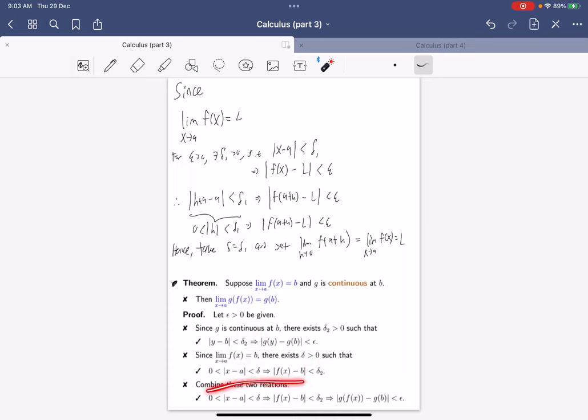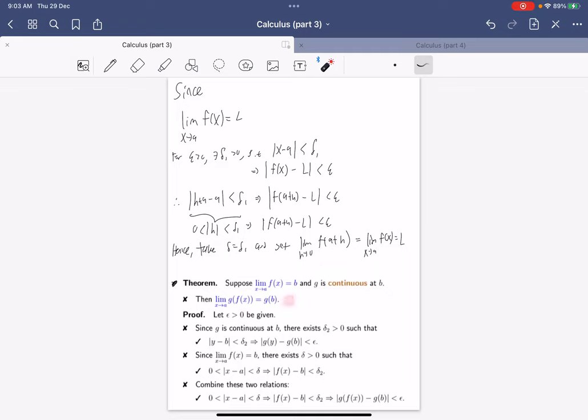And now when we combine the relations, we take this delta, |f(x) minus b| is less than delta over 2. We replace the y here by f(x), and we get |g(f(x)) minus g(b)| is less than epsilon. And so we found an appropriate delta, which allows us to say that the limit as x approaches a of g(f(x)) equals g(b).